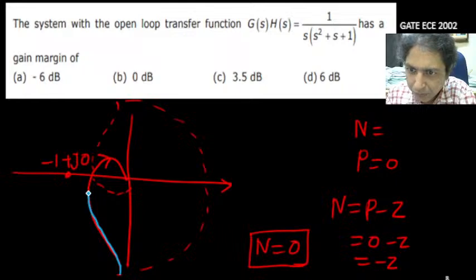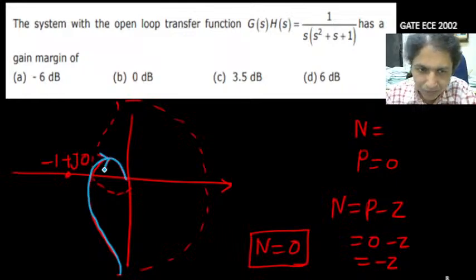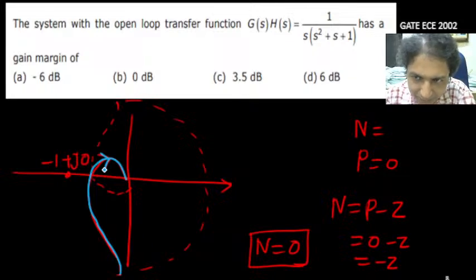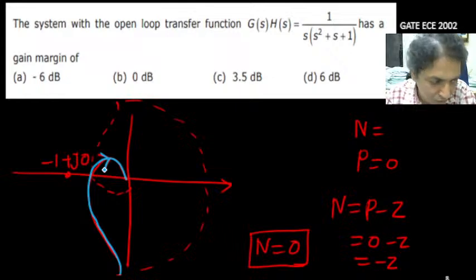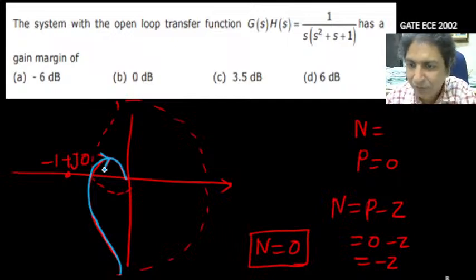In this polar plot you can see that this is not enclosing the minus 1 j0 point. Sometimes it could be very close. In that case, we need to find out the margin, how far away it is from this minus 1 j0 point.